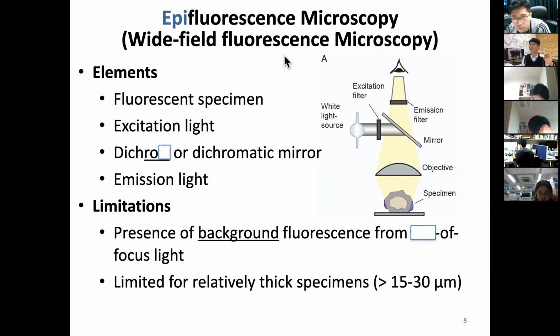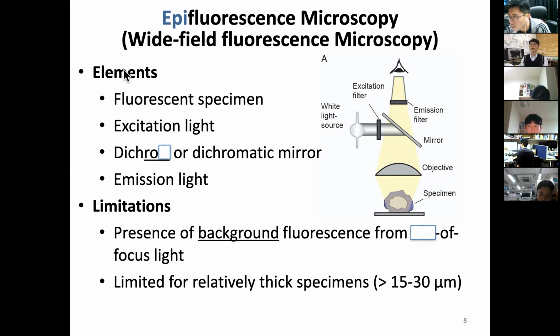So that's why epifluorescence is more popular. And of course, this is a wide field microscope, which means you use a CCD or image sensor, and you're taking the whole picture at one time. So it's a shot, like your cell phone camera, okay?